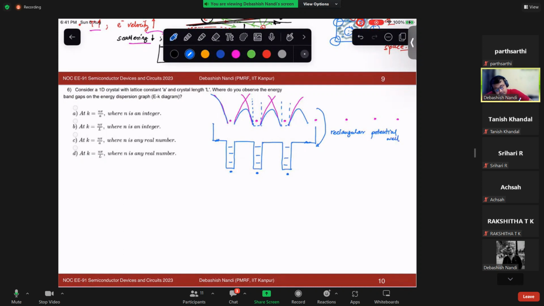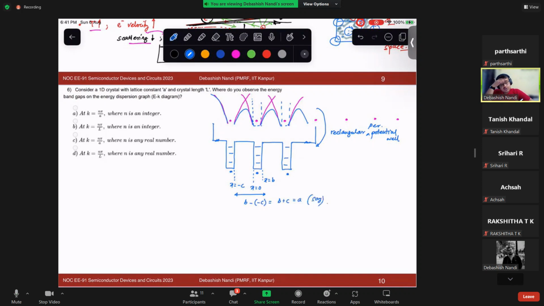Let's say this is x equal to 0, this is x equal to b, and this is x equal to minus c. So what is the period or lattice constant? This is b minus (minus c), equal to b plus c, equal to a, let's say.